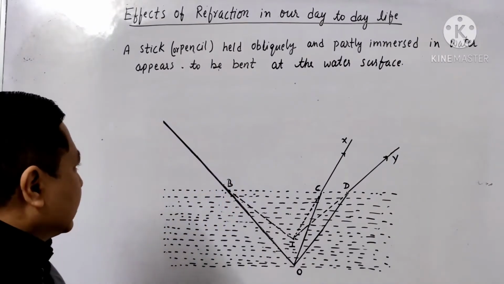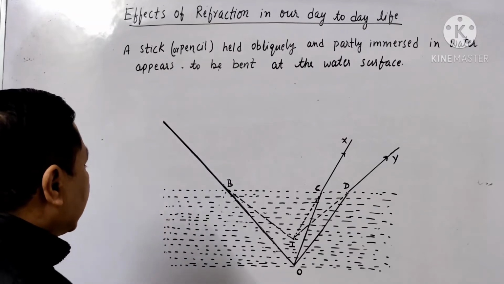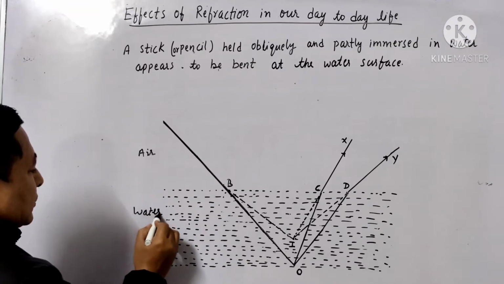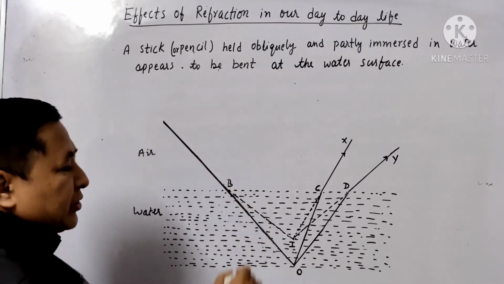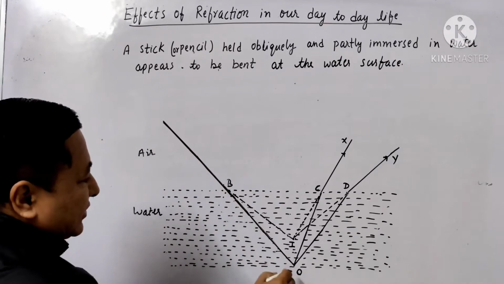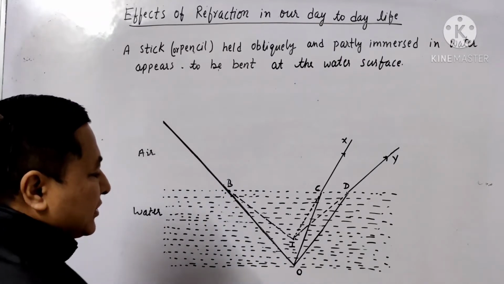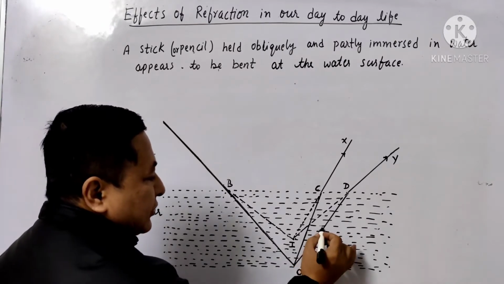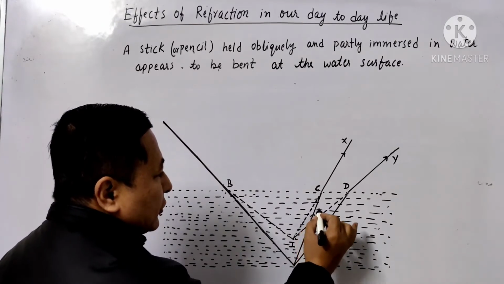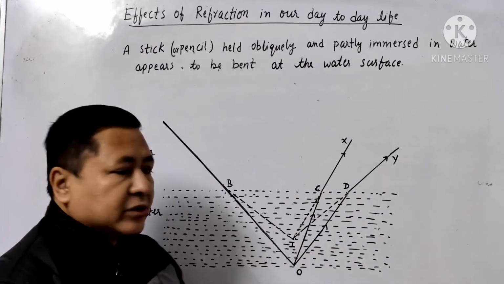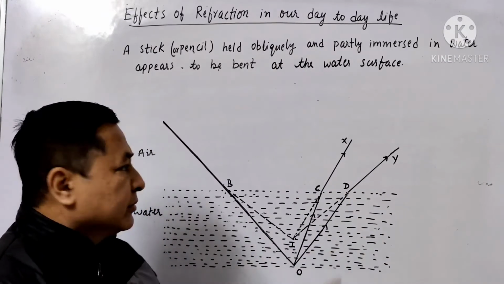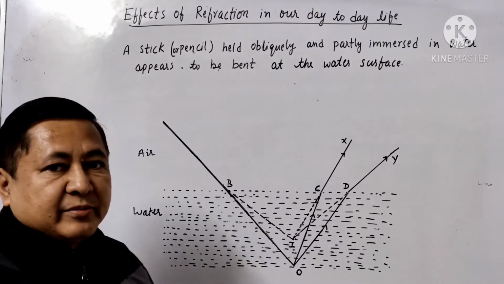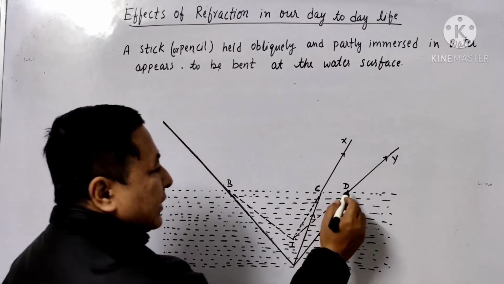Now you can see here, this is water and this is air. A stick is kept, or you can say take a pencil. It is a straight pencil here, and this part of the pencil is O. That ray of light is going from water to air. As you know, water is a denser medium and air is a rarer medium. So when a ray of light goes from a denser medium to a rarer medium, it will bend away from the normal.